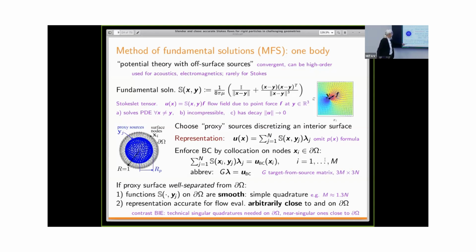And this is then a great representation. You can evaluate it right up to the surface and on the surface without any new quadrature schemes. That's different from boundary integral, where you need quite technical singular quadratures on the surface that I'll show you a little of at the end. Even when you're near the surface, you need technical quadratures. Some of my earlier work was on these types of quadrature schemes. However, you can avoid them completely with this fundamental solution method.